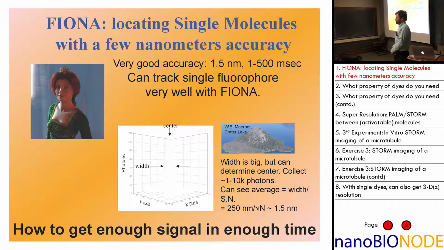Yeah, photostability, that's essentially it. Now, what properties of dyes do you need for STORM or PALM, that is, for super resolution localization? And for that matter, what is super resolution as opposed to super accuracy?